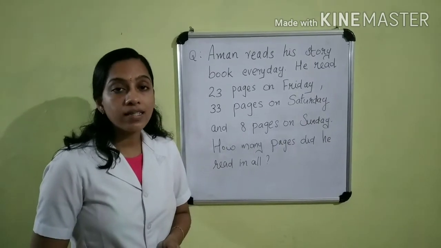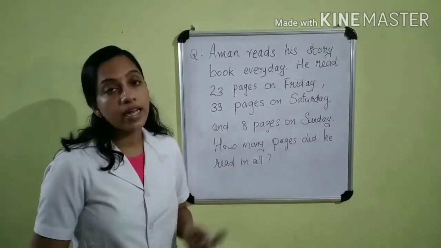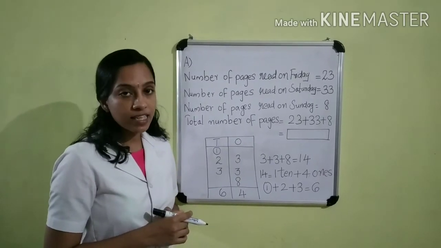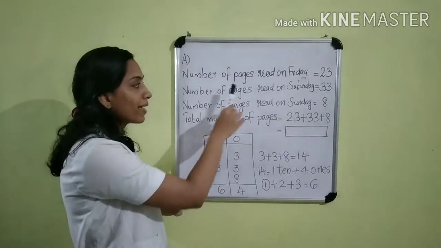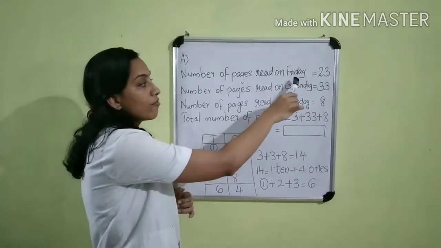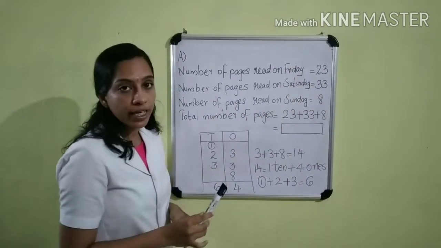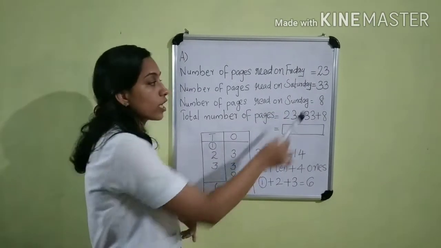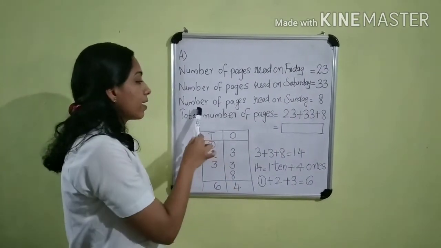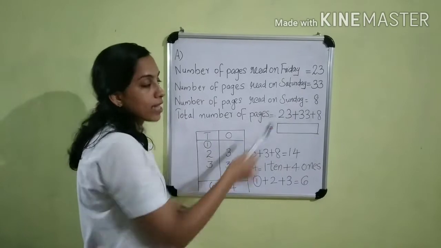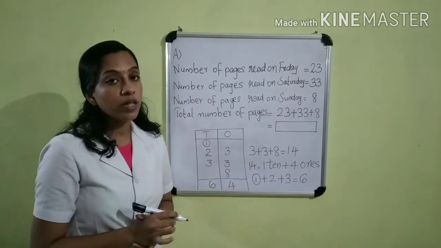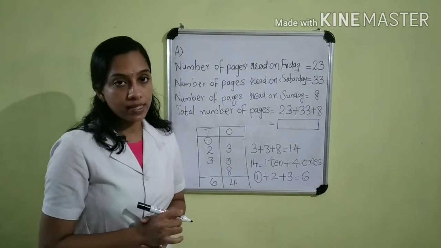So now let's add these three numbers. From this question, we can understand that the number of pages Aman read on Friday is equal to 23. The number of pages read on Saturday is equal to 33 and the number of pages read on Sunday is equal to 8. We have to find out the total number of pages.